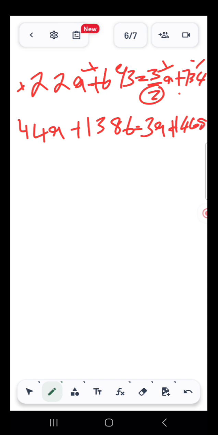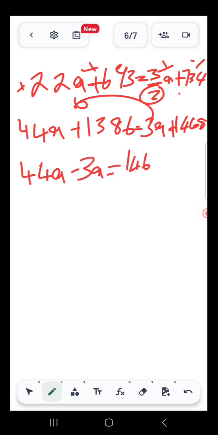After we are done here, a's on one side and numbers on the other side. So we have 44a, transpose the 3a to give minus 3a, which equals 1468. Transpose the number, which will be minus 1386.